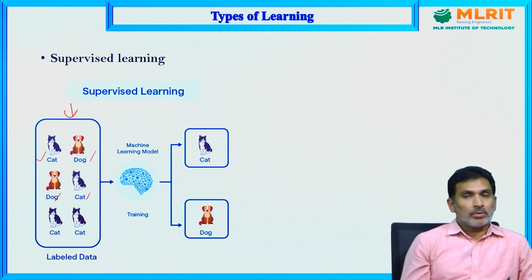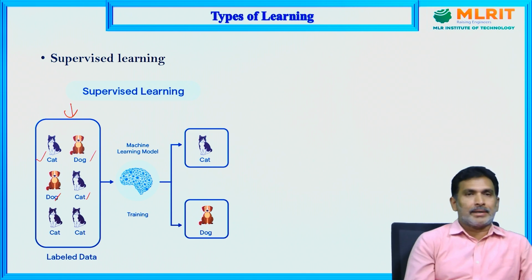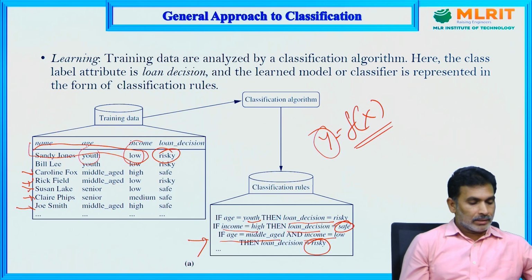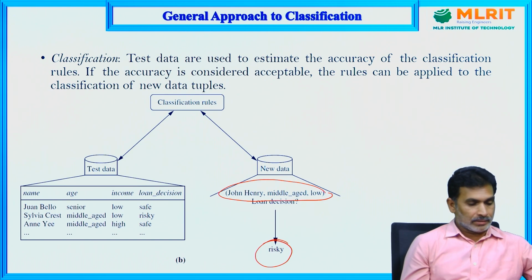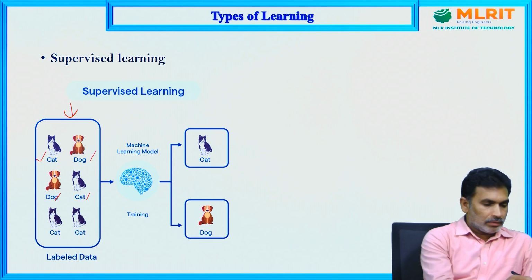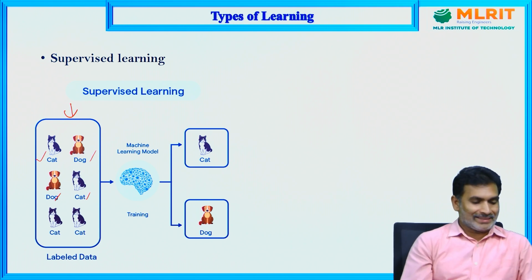Here we are not going to discuss that in detail. So this is the labeled data. Labeled means, like in the previous example, we labeled whether the loan decision is risky or safe, etc. Similarly, in this case, we supplied the image data with labels like cat, dog, etc.